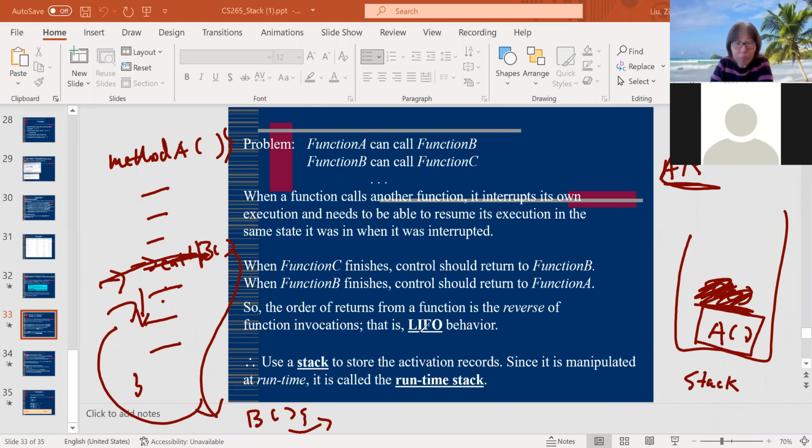So that's why we say it displays the LIFO behavior. And for LIFO behavior, the best data structure to store information is a stack. That kind of stack, we call it a runtime stack. Okay, it's during the execution.